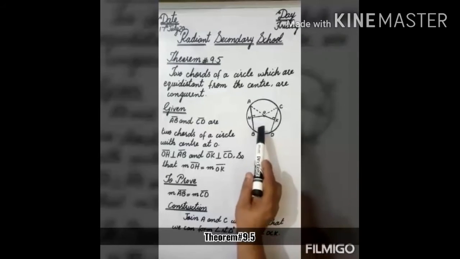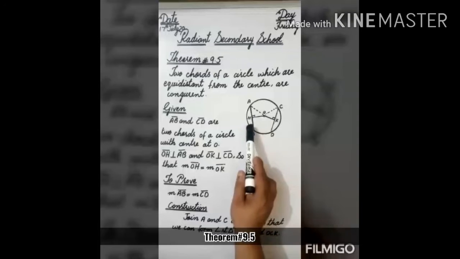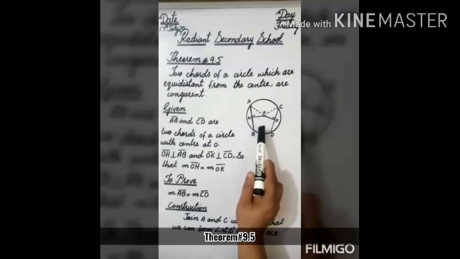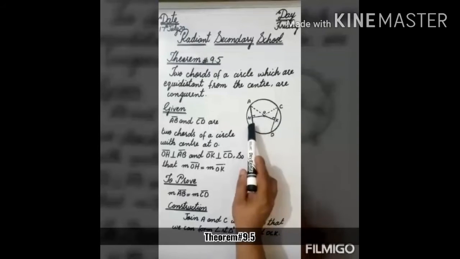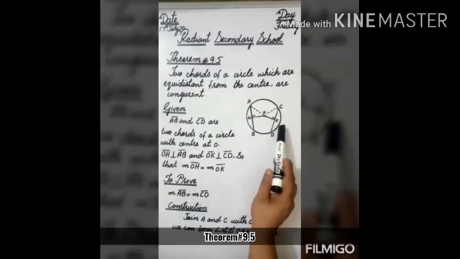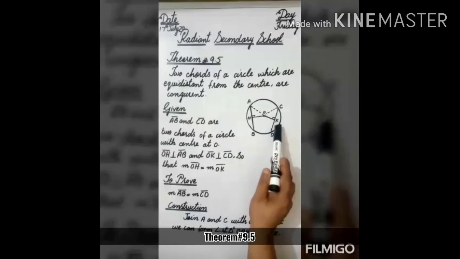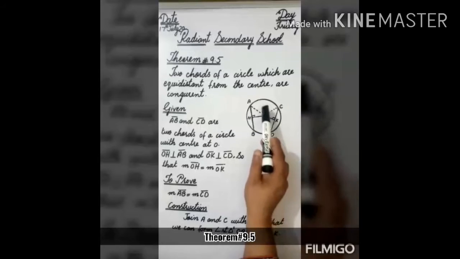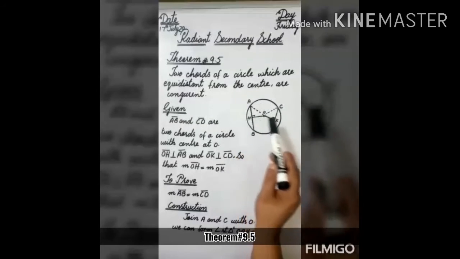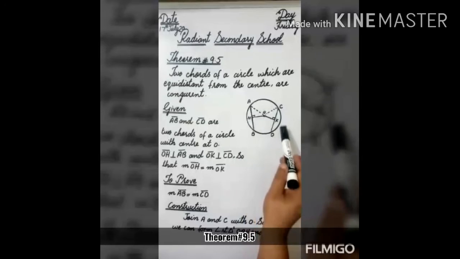In a right angle triangle, one angle should be equal to 90 degrees. Now you can see that at point H there is an angle of 90 degrees, and at point K there is also an angle of 90 degrees, so OAH and OCK are right angle triangles.